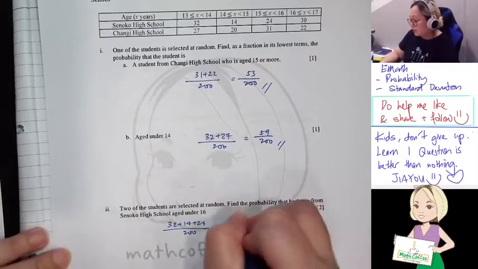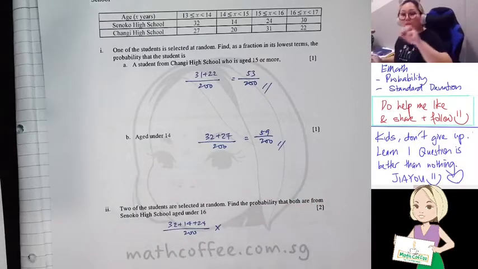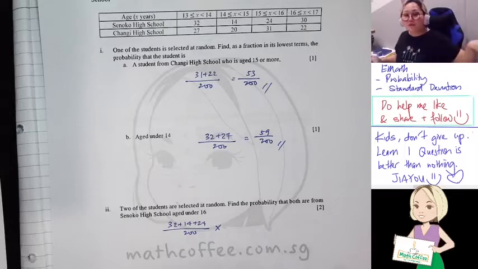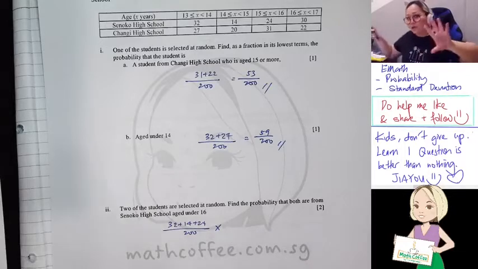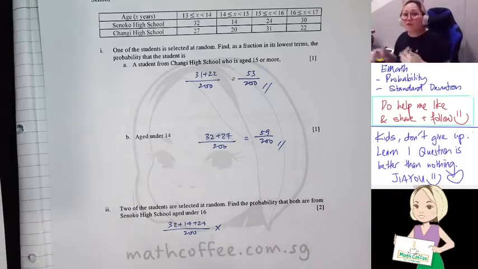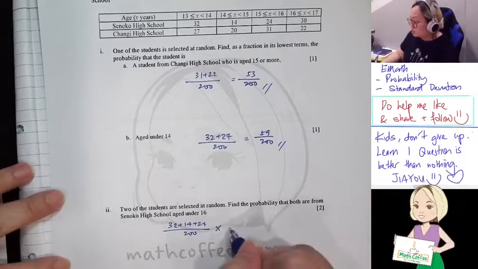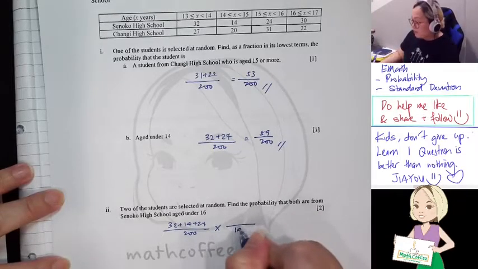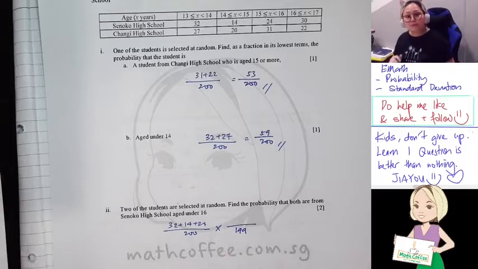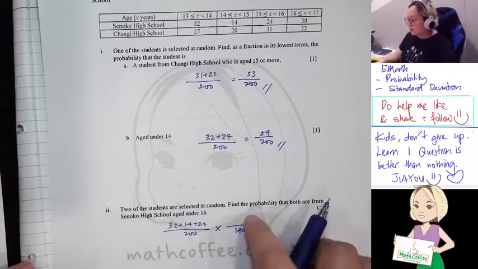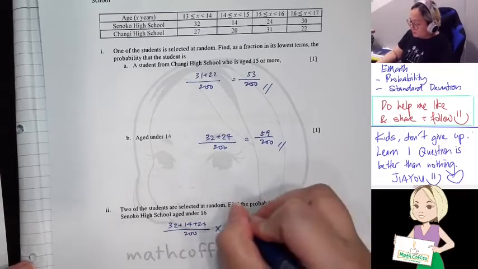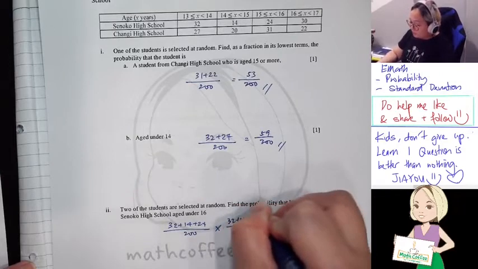Now I want to pick the second student, because you see, when you already pick the first student, he is already chosen. So you only are left with 199 students. So the second fraction will have 199. And the numerator will be the same, 32 plus 14 plus 24.